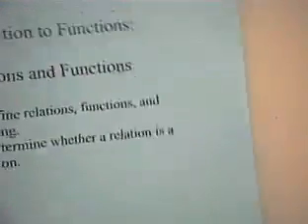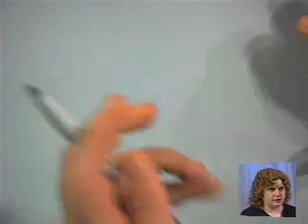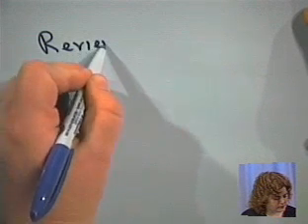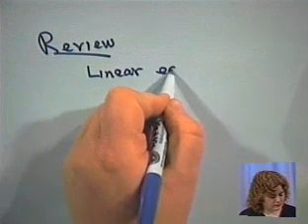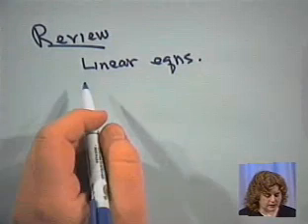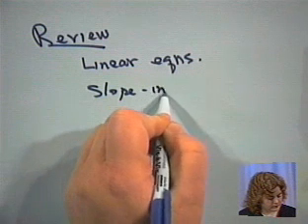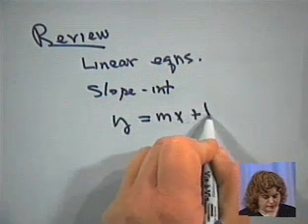I want to start by reviewing and connecting this with straight lines. What we've been working with are linear equations. Now, if we look for just a moment at the slope-intercept form, we have y equals mx plus b.